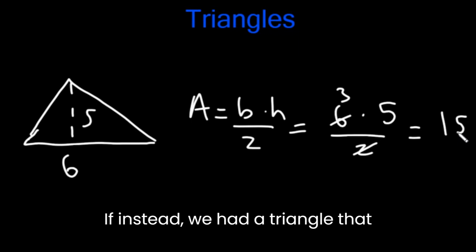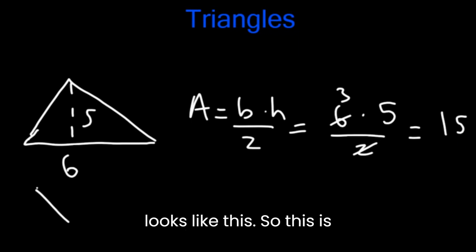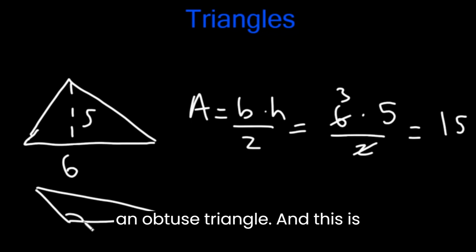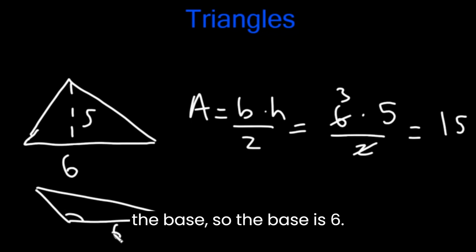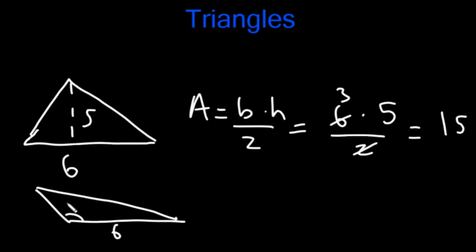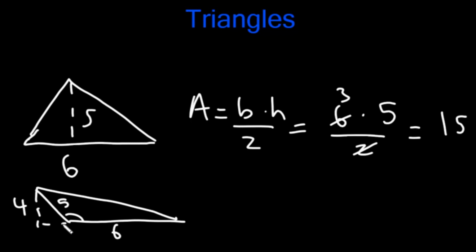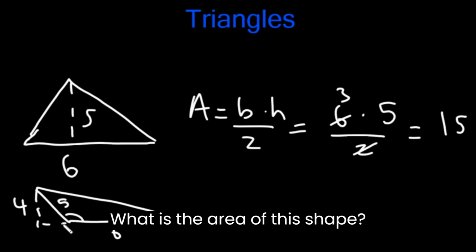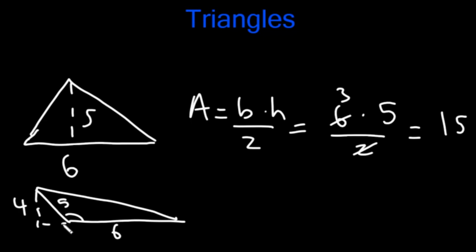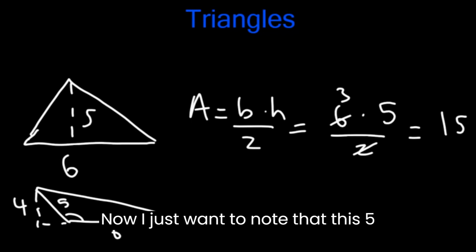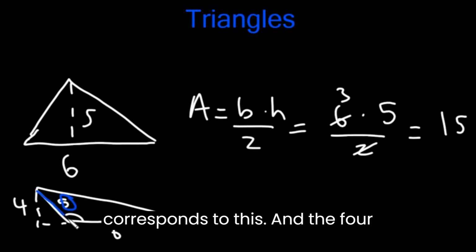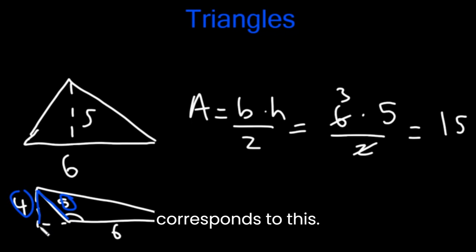If instead we had a triangle that looks like this, so this is an obtuse triangle, and this is the base, so the base is 6, and we're given this length, and we're given that this is 4. What is the area of this shape? Now, I just want to note that this 5 corresponds to this, and the 4 corresponds to this.